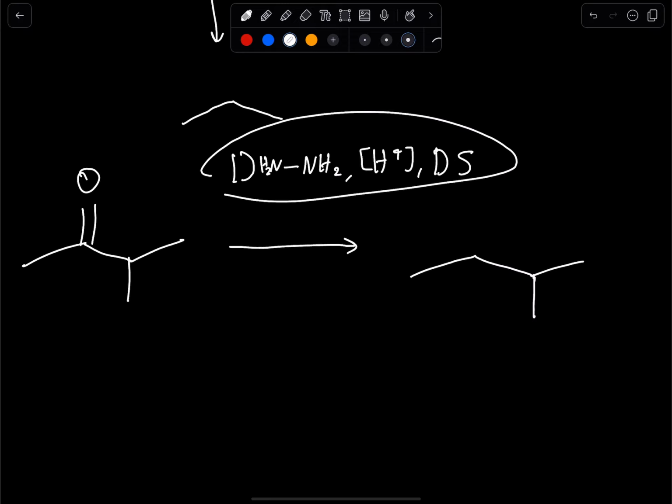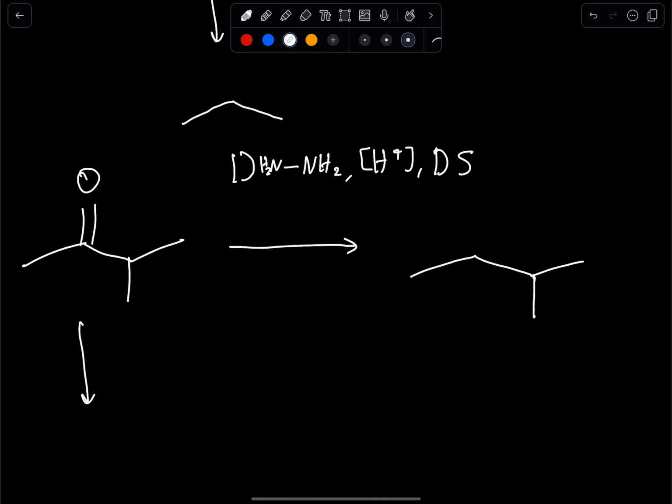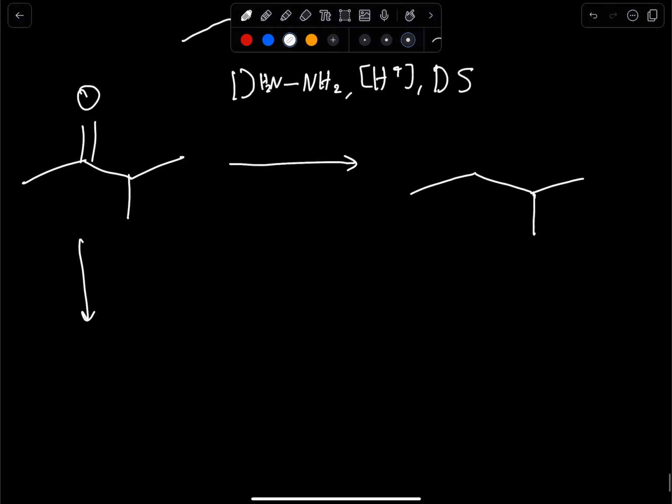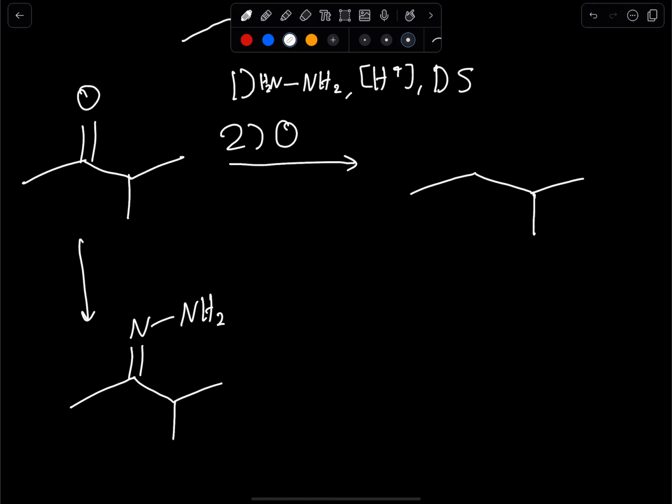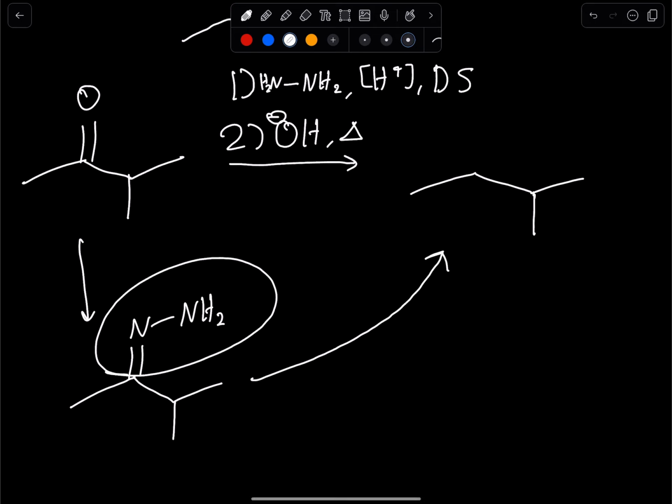And when you do that first step, you will get this, and then you can do hydroxide and heat, and you will get that second step. You will essentially get rid of this entire group. So that's all the reactions with primary amines.